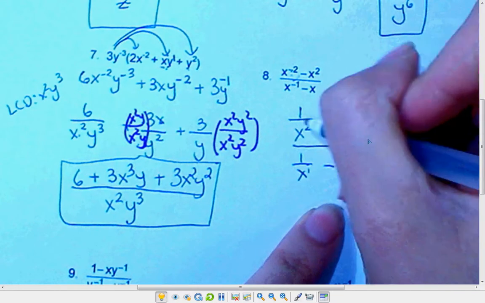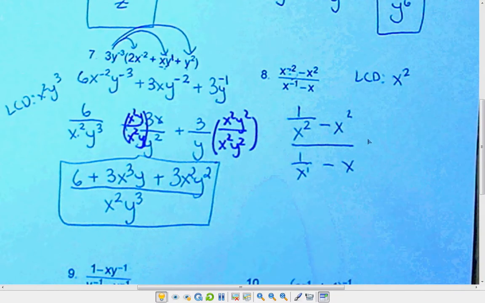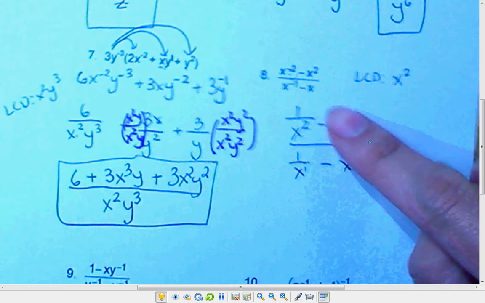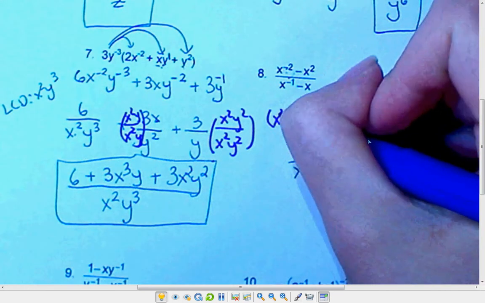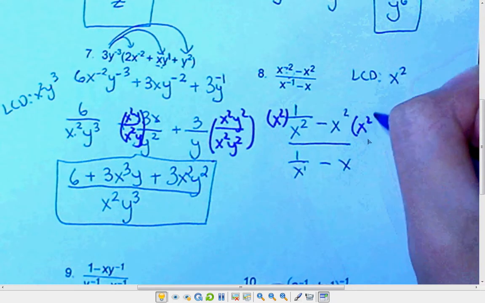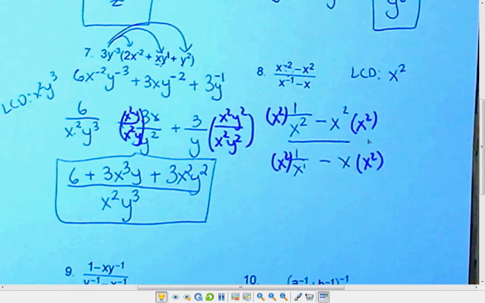So look at our denominators, we have an x squared and an x, so our least common denominator is x squared. What we want to do here, because it's a fraction inside of a fraction, we want to multiply everything by our LCD. So this is going to be multiplied by our LCD, this will, and this will. Everything is being multiplied by our LCD, which is x squared.